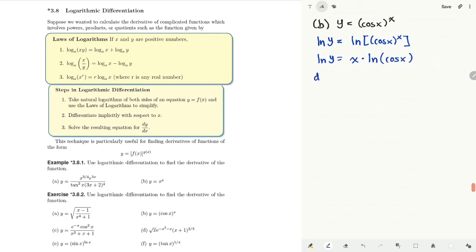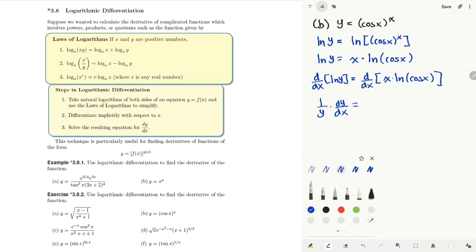And now we can use implicit differentiation. So we'll find the derivative with respect to x on both sides. So on the left-hand side, we have 1 over y times dy over dx is equal to, now the derivative of x times the ln of cos x, we will use the product rule.